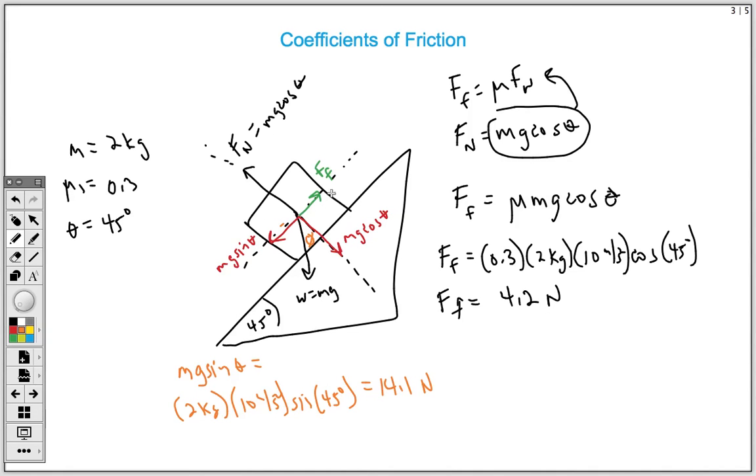We have a frictional force of 4.2. We can write a net force equation out of this. We know that this is greater than that, so yes, our block will accelerate. Our net equation would be 14.1 minus 4.2. That gives us a 9.9 newton net force. We could then divide that by the mass of 2 kilograms to find the acceleration.